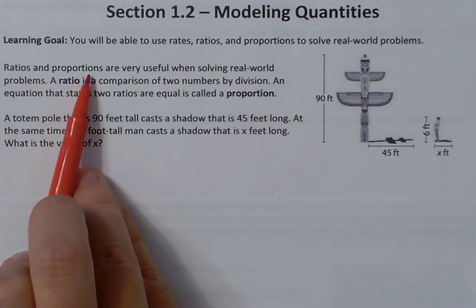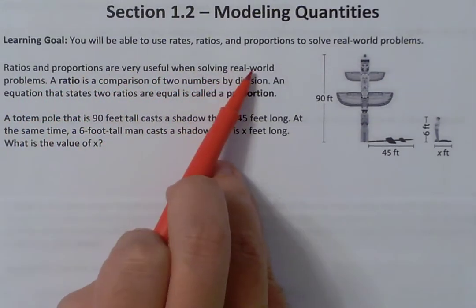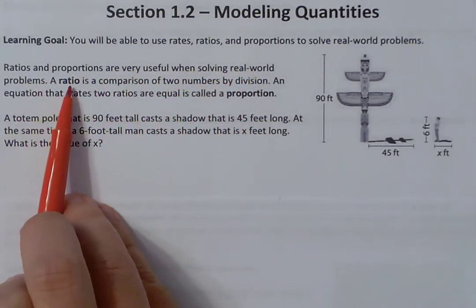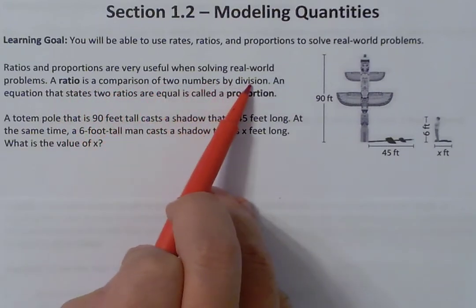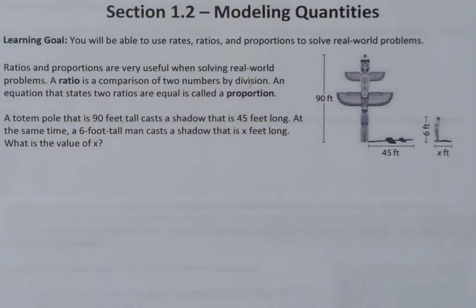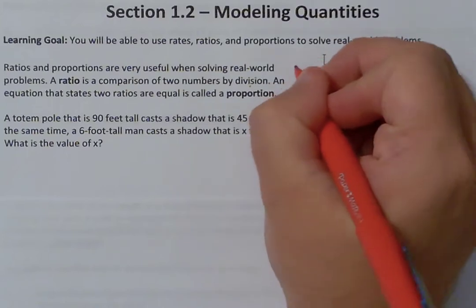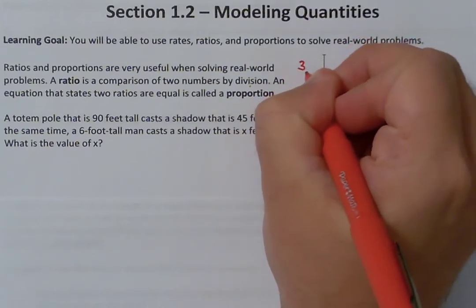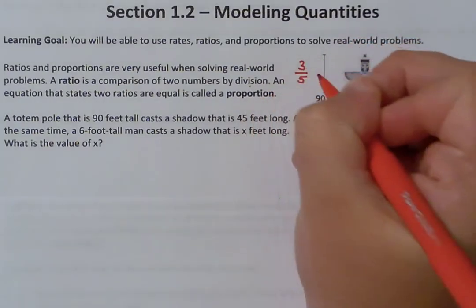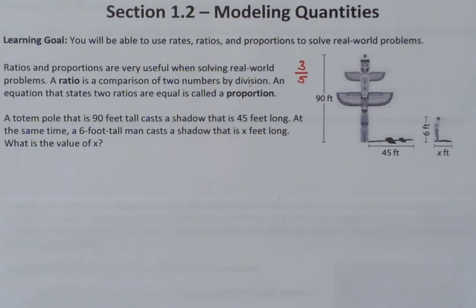Ratios and proportions are very useful when solving real-world problems. A ratio is a comparison of two numbers by division. So an example of a ratio would be something like 3 to 5, which we can write as 3 over 5. Now, an equation that states two ratios are equal is called a proportion.